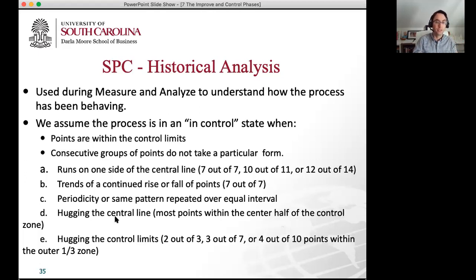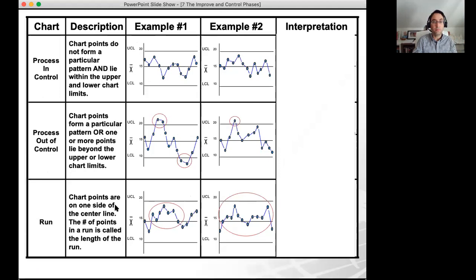I have other examples here, like hugging the central line or very close to the control limits, right? It is a normal distribution, and the control limits are 3 standard deviations, so there's a very, very low probability of data points being close to the control limits. These are examples for you. This one is more normal-ish, going up and down and centered in the middle. Of course, if you have points outside the control limits, we know that.